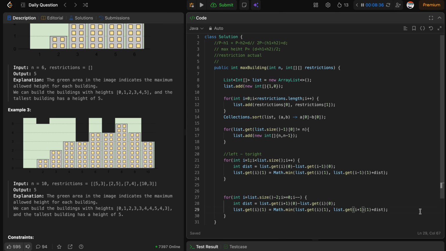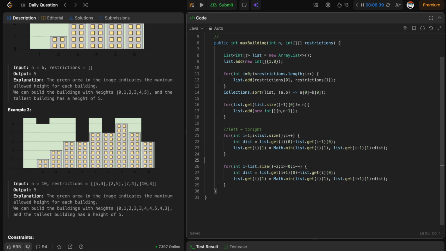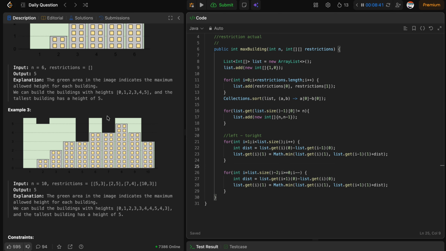So this will update the whole thing from forward till backward. It is automatically updated.